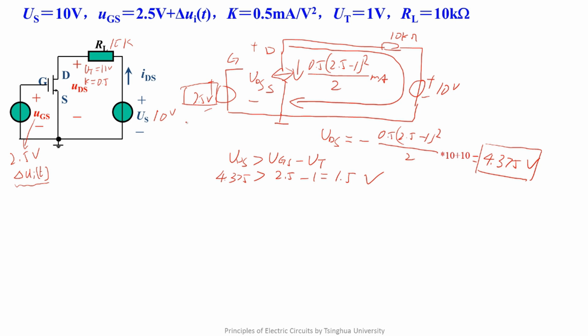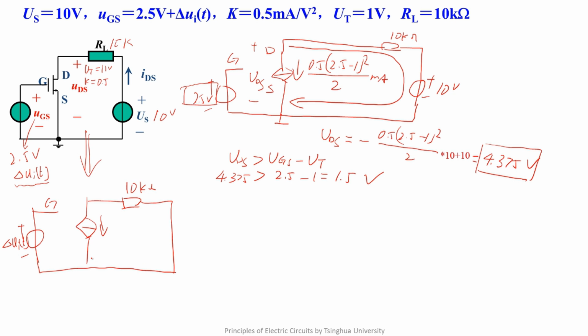Next, we will use this condition to draw the small signal circuit of the nonlinear resistor circuit. In the small signal circuit, all the DC values are 0, so the input contains only the small signal. The output is between D and S. Here, the nonlinear VCCS is changed into a linear VCCS.